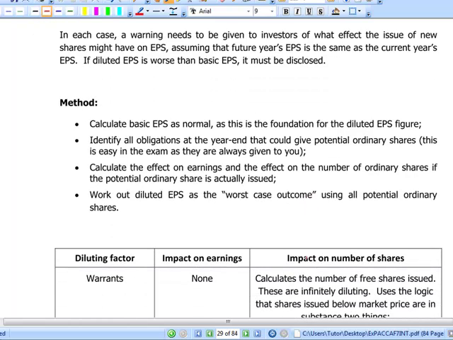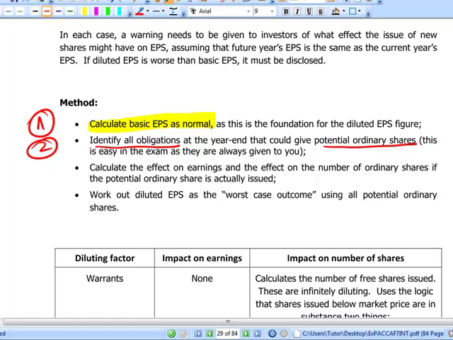How we should cover this in the exam is the following. We calculate first the basic EPS as normal, okay? Remember the weighted average number of shares, be aware of bonus or rights issues. Then identify all the obligations at year end that could potentially give ordinary shares, okay?